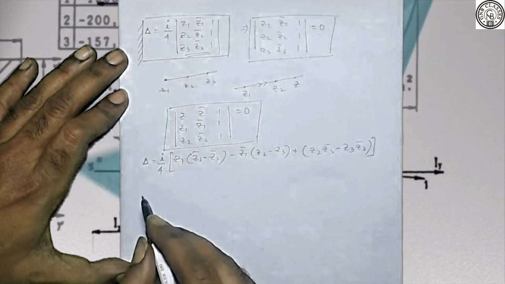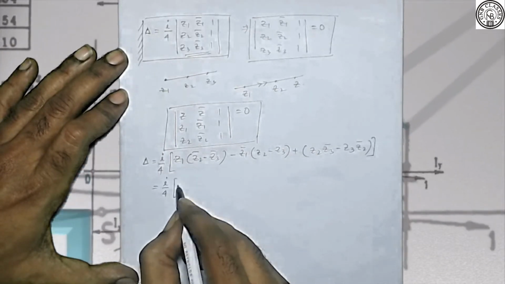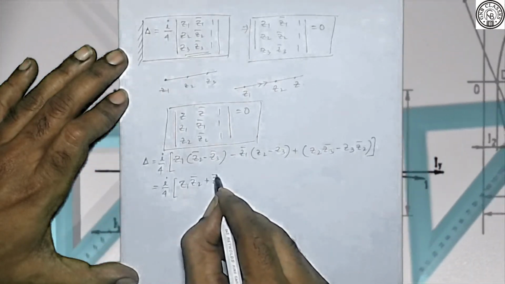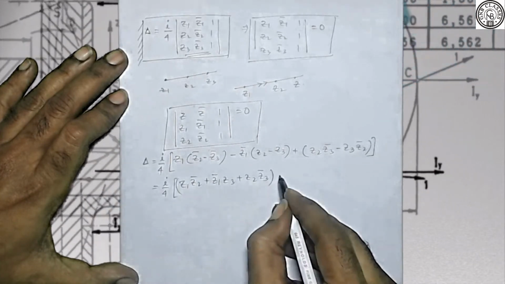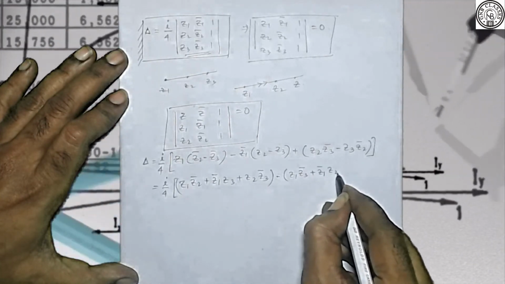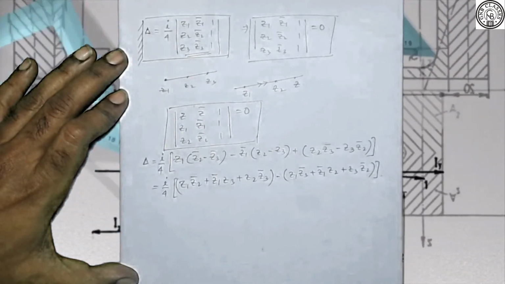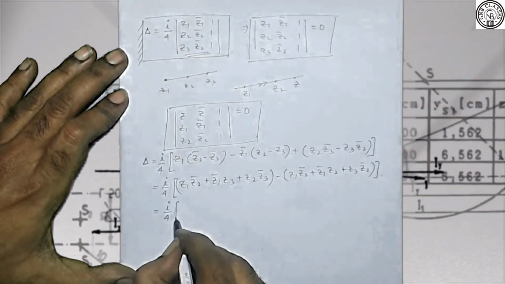Is it fine? Now, is it clear? So I can write this thing in this way also, iota by 4.